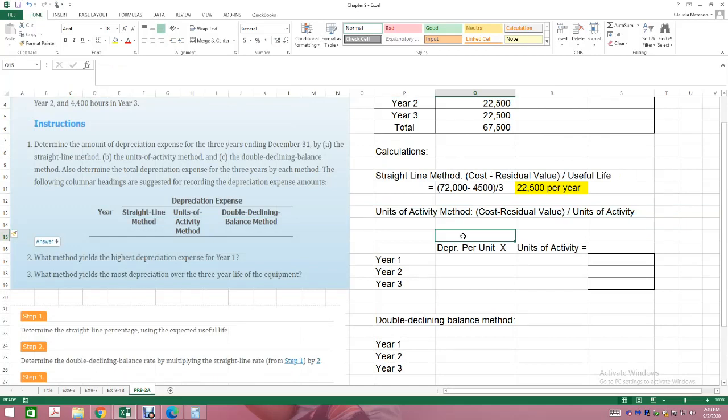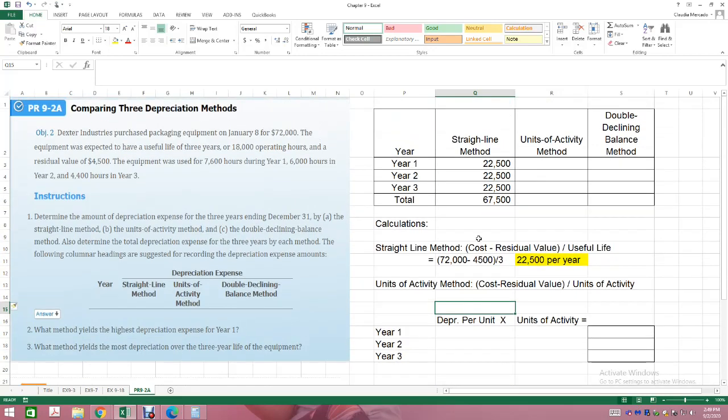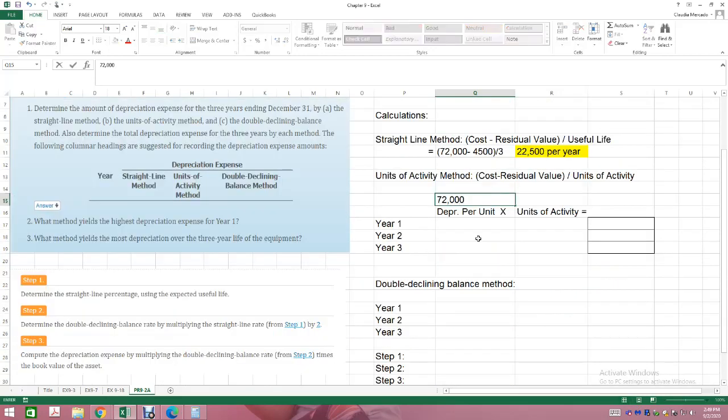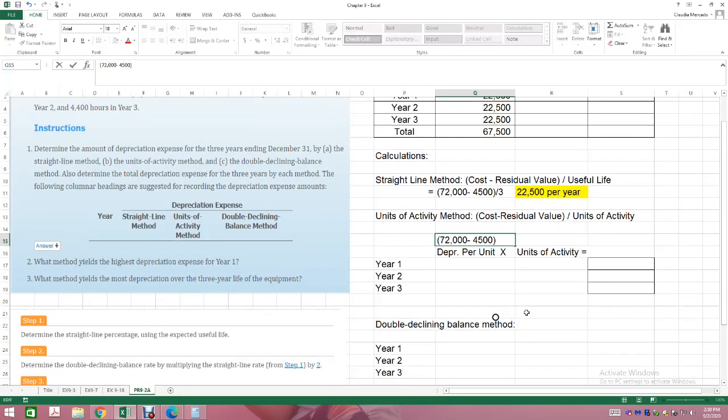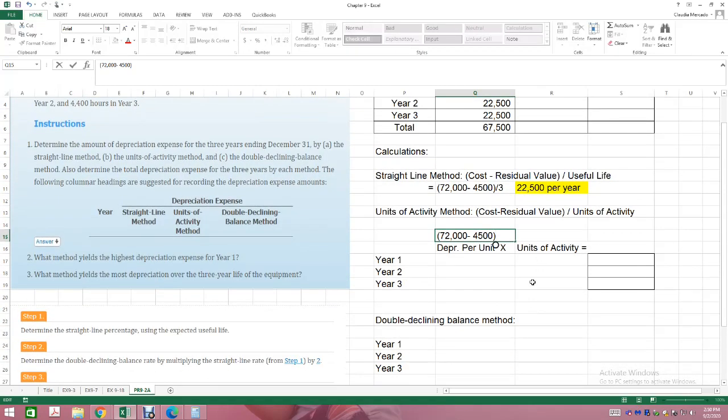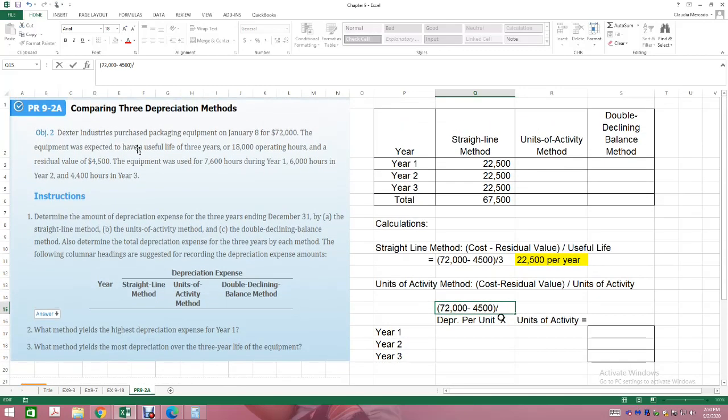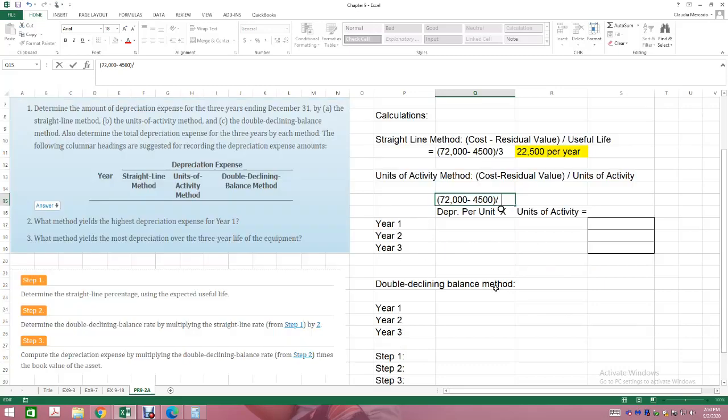Okay, so the cost is 72,000. And we had a residual value of 4,500. Okay, residual value 4,500. And then I'm going to divide by the units of activity. And according to the problem, we're going to have a useful life of 3 years or 18,000 operating hours. So we're going to divide that by the 18,000 hours.